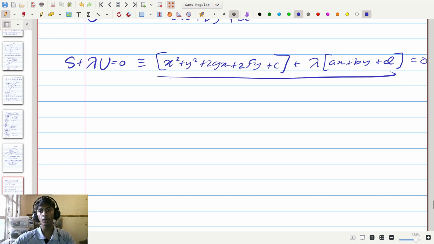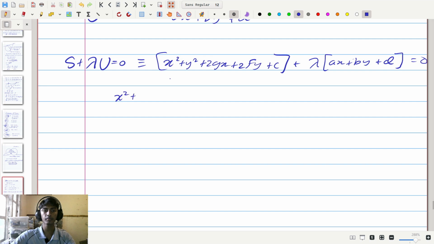If we add all of the stuff on the left side together, we can see that what we have is an x squared, a y squared, a 2gx, and a lambda ax, which would be combined into a single x term as plus 2g plus lambda a times x, as in we're taking the x out and writing x outside here, and the whole coefficient of the x term is going to be all of this stuff here.